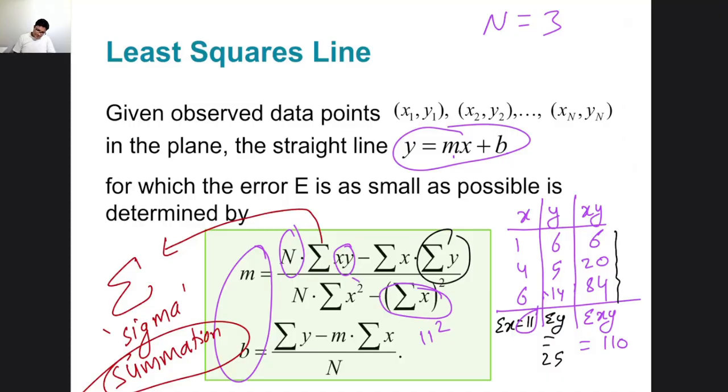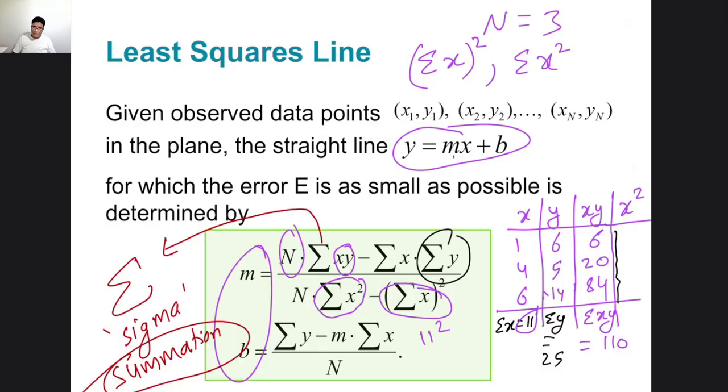The other term is sum of x squared. See, that's the difference. There is a difference between writing sum x whole squared and sum x squared. The one on the left is the sum of all x's, 11 in this case, that you are squaring. Sum of x squared, on the other hand, means first you square the x values and then take the sum, which means our table is not complete.